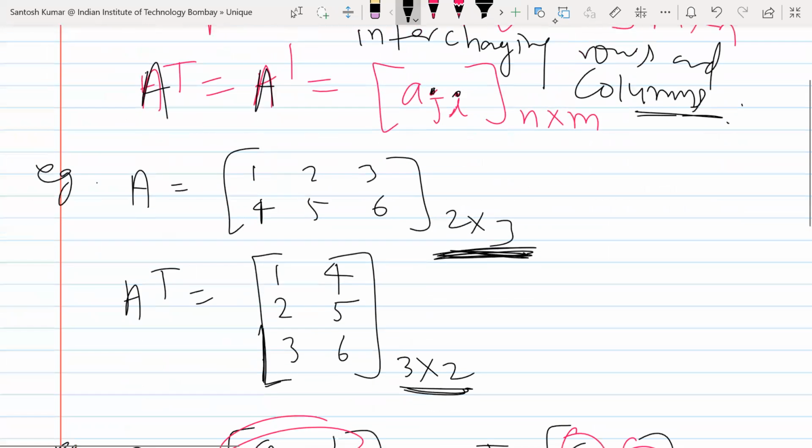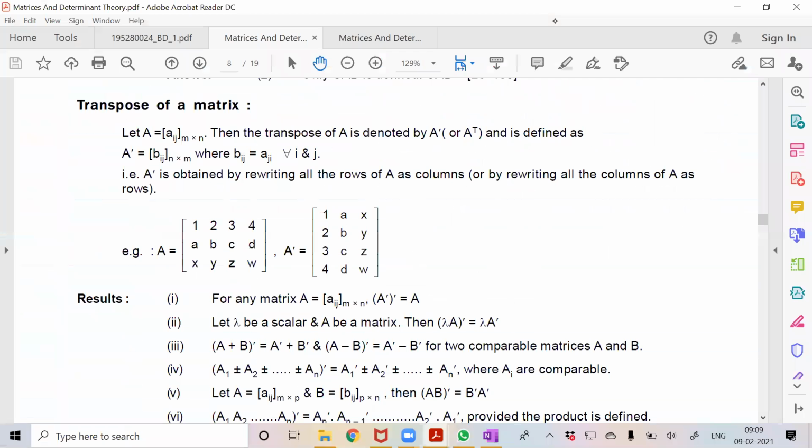So I think transpose is clear. Now let me see the properties. If A is a matrix with 3 rows and 4 columns, the transpose is 4 rows and 3 columns. The first row converts into the first column, second row into second column, third row into third column.